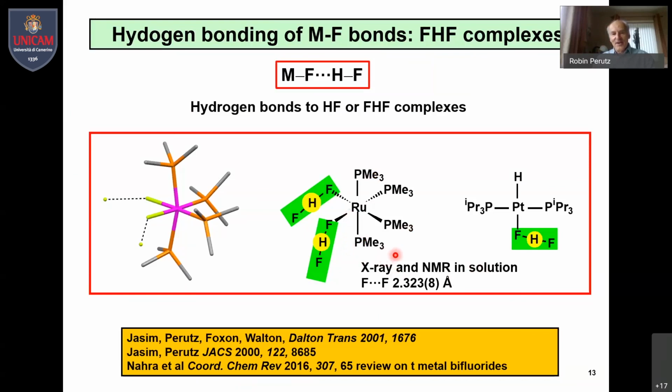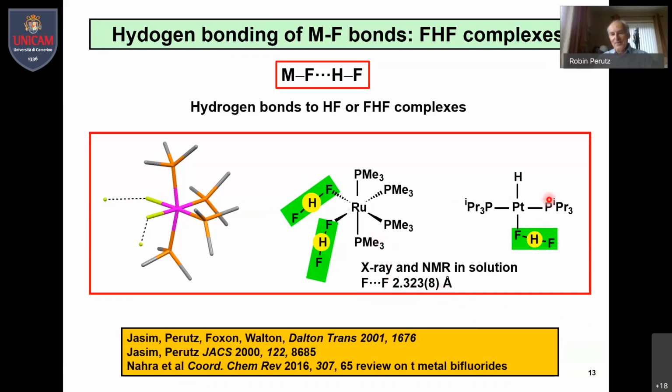We could describe them as metal fluorides hydrogen bonded to HF, or as complexes of FHF. And if we look at the X-ray, the FF distance is 2.32 angstroms, a bit longer than we had for the bifluoride ion. That was 2.26.